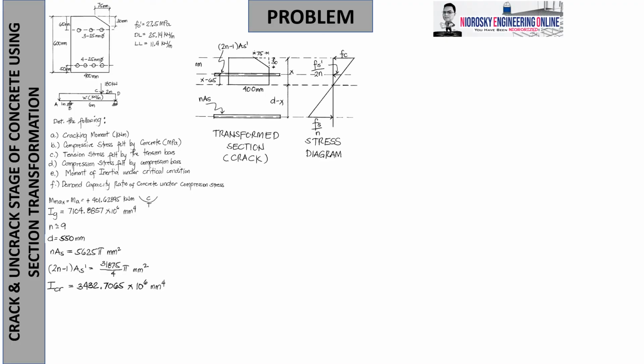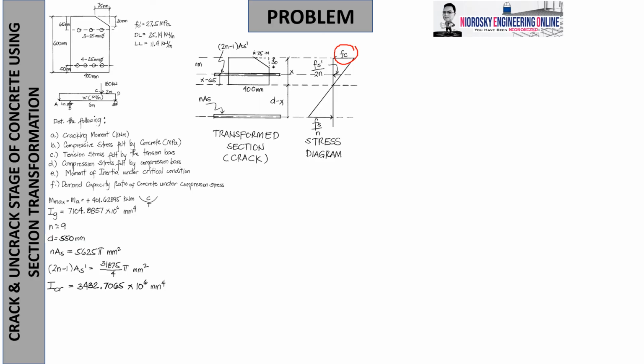Now, let's take a look at how we calculate stress. The stress is still a linear distribution, because we are under the so-called cracked linear stage. So, therefore, fc. And notice that for fs prime, it is not 2n minus 1 but just 2n. Why 2n? Because we are talking about stress, not the area itself.